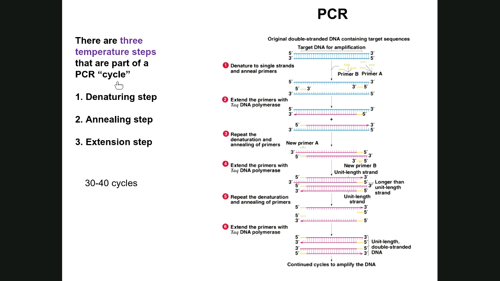All 5 components in the PCR tube will first be exposed to a very high temperature of approximately 94 degrees Celsius that we call the denaturing step. The denaturing step causes our double-stranded DNA, our 2 strands of DNA, to detach, turning into 2 separate single strands.